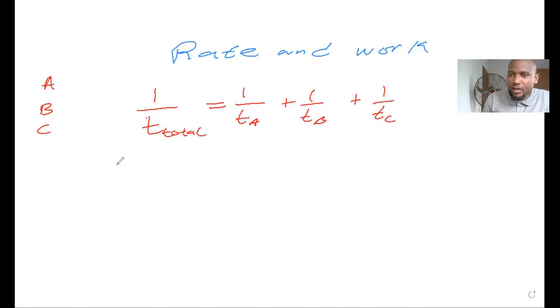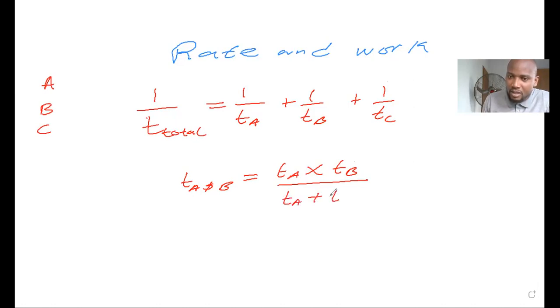Okay, so for when you have 2 persons, it's always a bit easier. So the total time for 2 persons, let's say person A and person B, is always equal to the time it takes A times the time it takes B, divided by the time it takes A plus the time it takes B. So please take note, this is only for when you have just 2 persons.